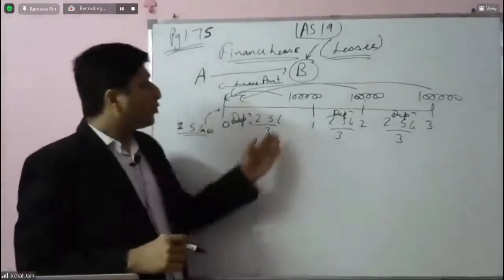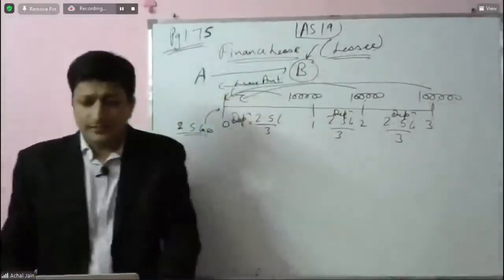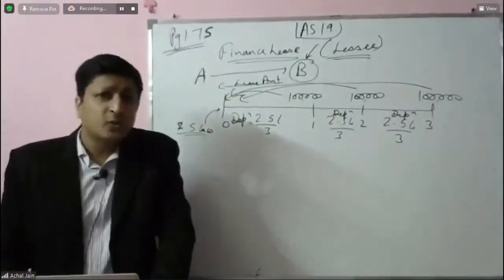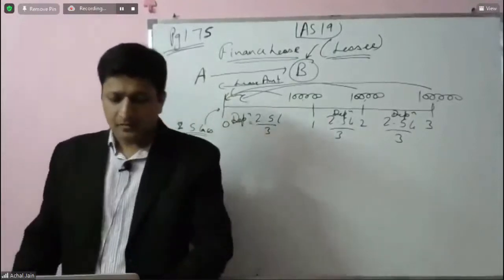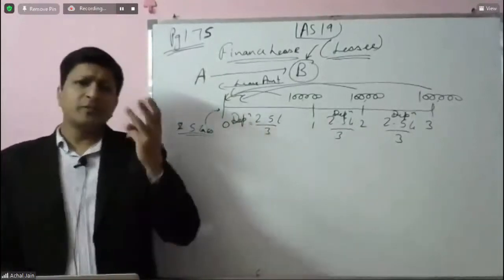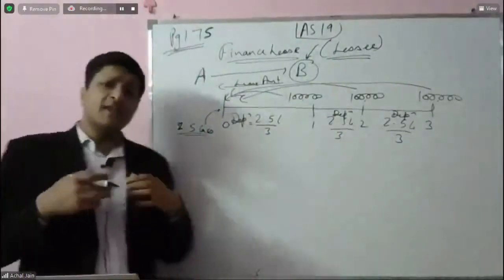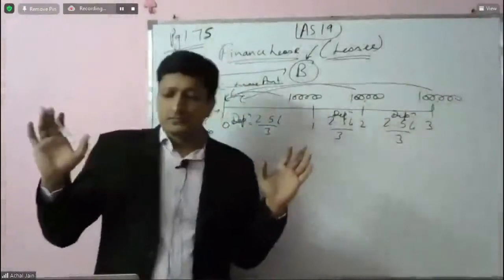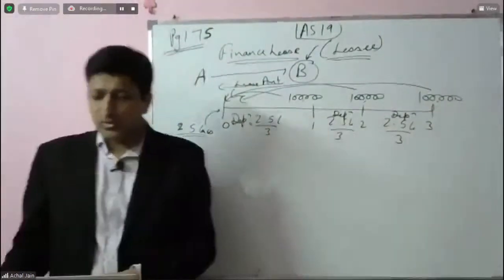But if you look at this chart, over a period of 3 years, is B required to pay 2.5 lakhs or 3 lakhs? Quickly, tell me. Over a period of 3 years, B is saying that I have a liability of 2.5, and B has recorded the full liability in its books.